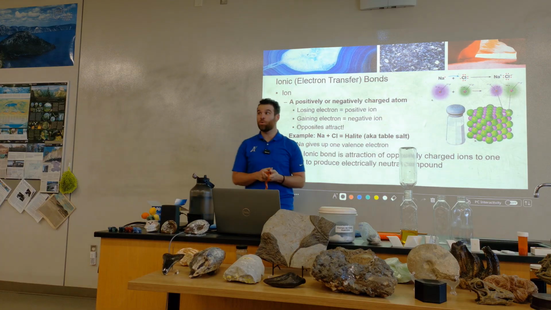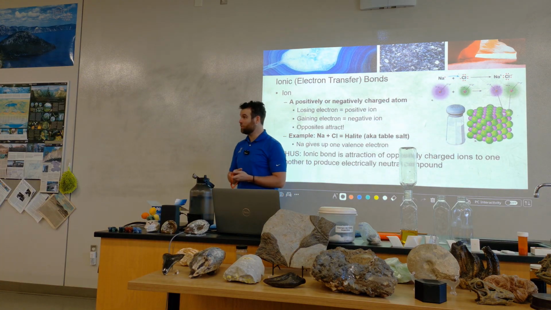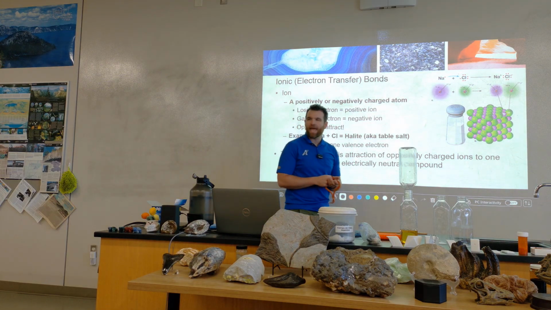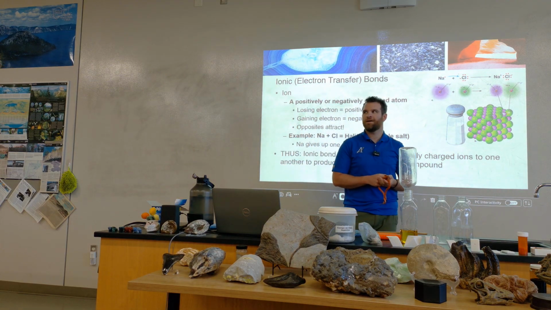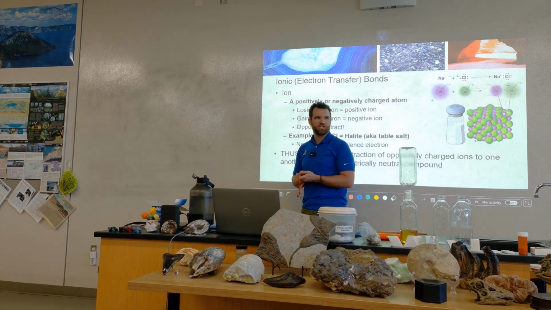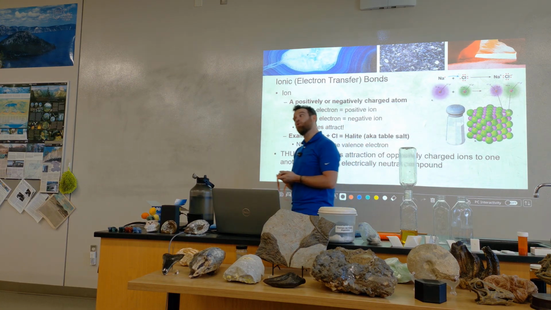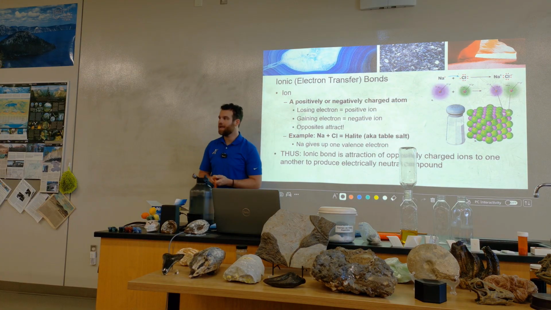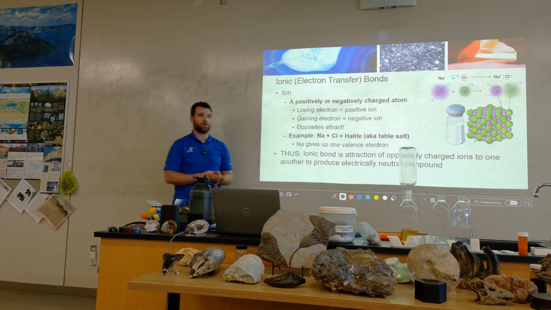So by losing one of my negative particles, I become net positive. The chlorine, what did it gain? An electron. What charge does it have? Negative. So by having an additional negative particle, it has become net negative. And there we have our positive and negative ions in this ionic bond.